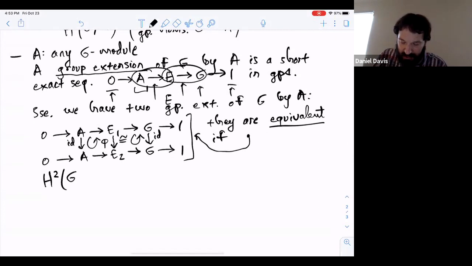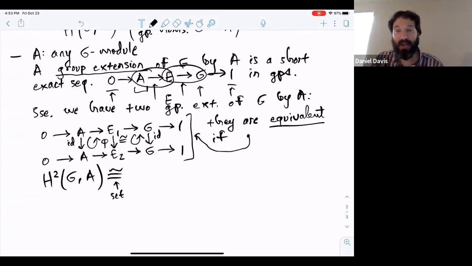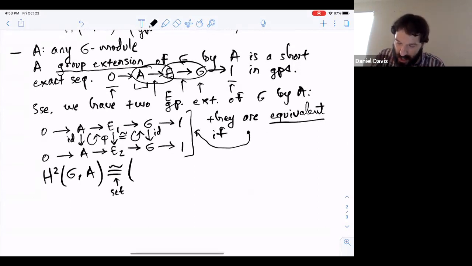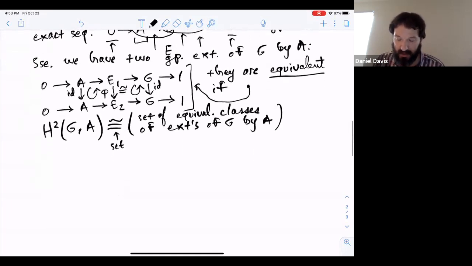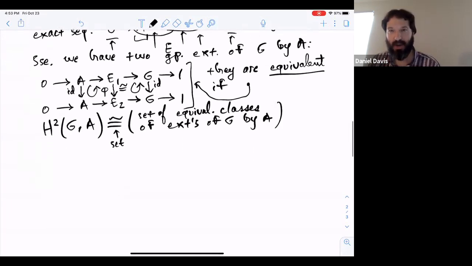The second cohomology group of G with coefficients in A is isomorphic, and by isomorphic I just mean as sets, so we have a bijection here, to the set of equivalence classes of extensions of G by A. Okay, so that's some concrete meaning for the second cohomology group.